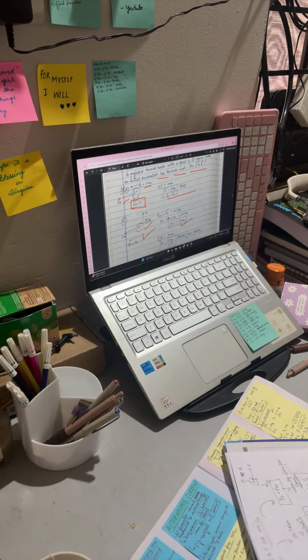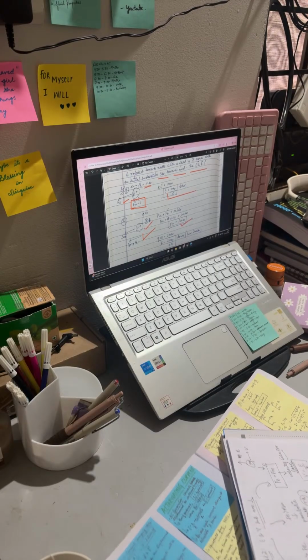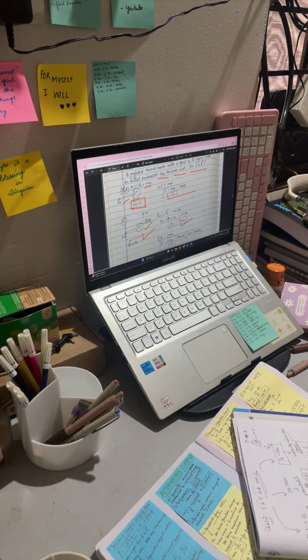Case 1 is at rest: when at rest Fm is equal to 0, so Fe is equal to mass into acceleration, q into electric field E is equal to m into a naught. Case 2 is when it starts moving. Fm is not equal to 0, so Fe plus Fm is equal to mass into acceleration.